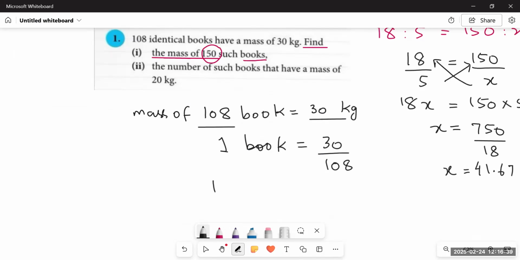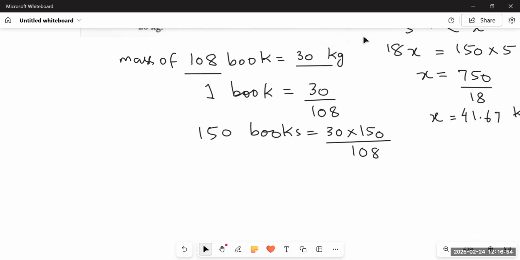And if we have to find out the mass of 150 books, what are we going to do? We will multiply 30 by 150 and then divide it by 108. So let's check. Do we get the same answer or not? If you multiply 30 with 150, we get 4,500, divided by 108 equals 41.67, the same answer we are getting.